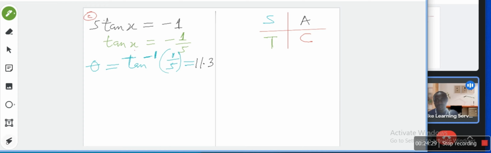Are you ready? But what we are looking for is a negative value of tan. So we go to where tan is negative, not where it is positive. First of all, where is tan positive in this thing we normally use?